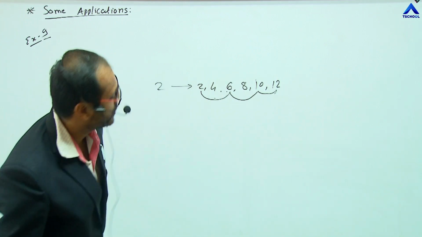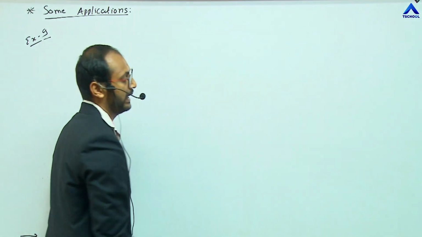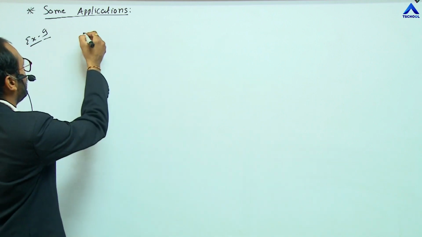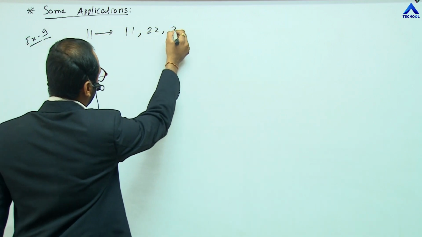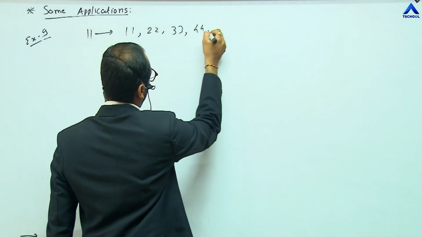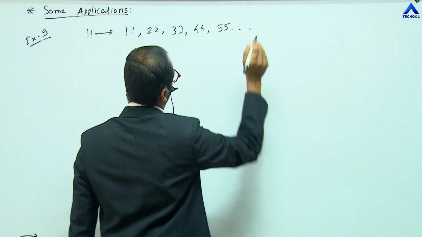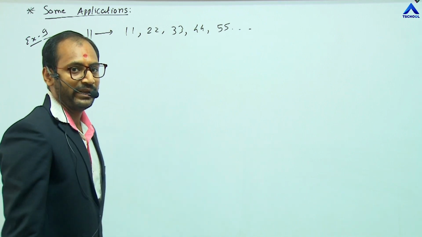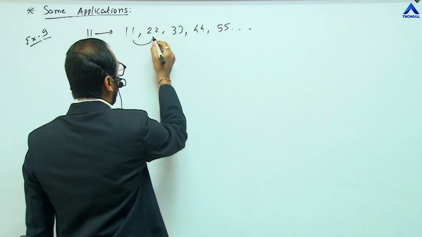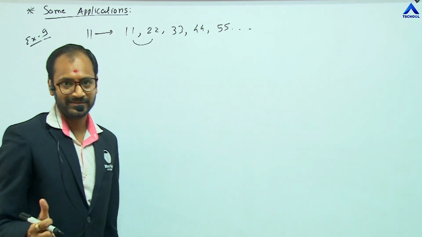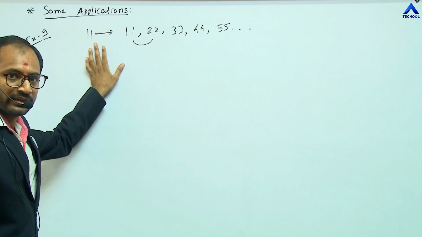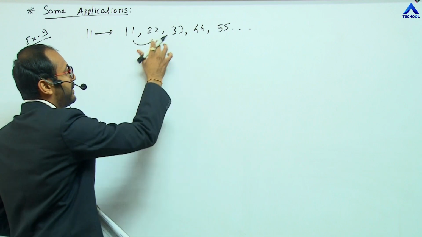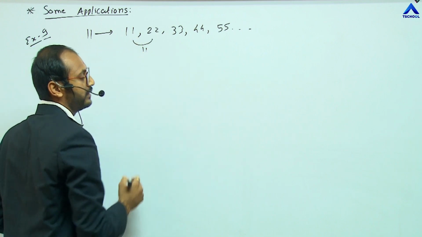In the question, the value is 11. We know that the multiples of 11 are 11, 22, 33, 44, 55 and so on. That means the difference between any two consecutive multiples is the number itself. Here the difference between these two multiples is 11.